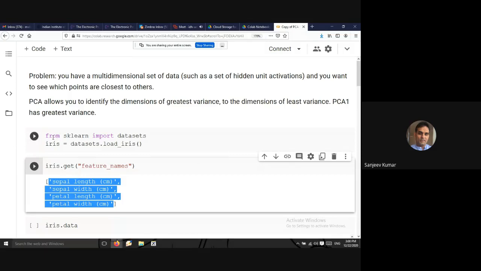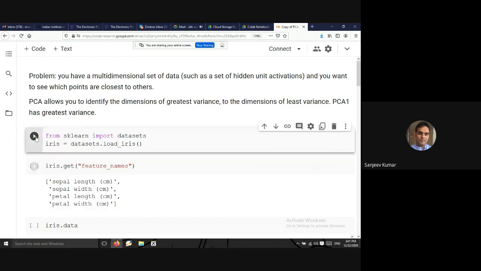In the first 2 lines, from sklearn import datasets, I am just importing this data set into my Google Colab notebook. So it is running. It will take a bit of time because it is the first run. It is connected now, and now it will run.